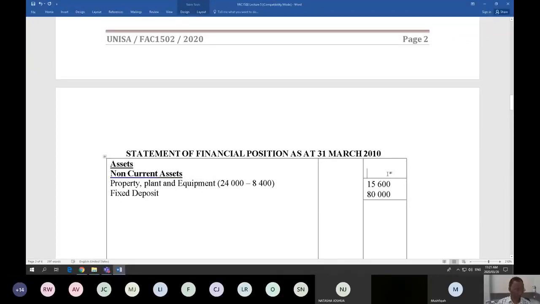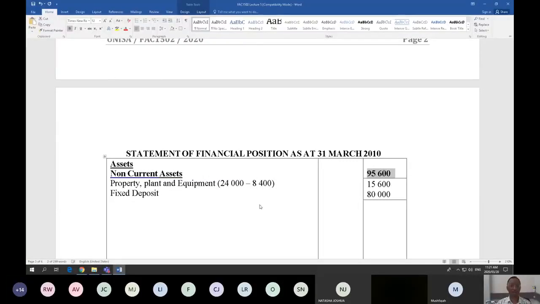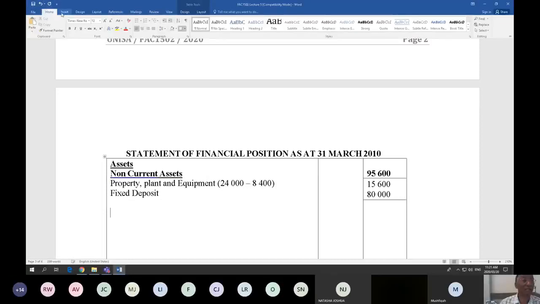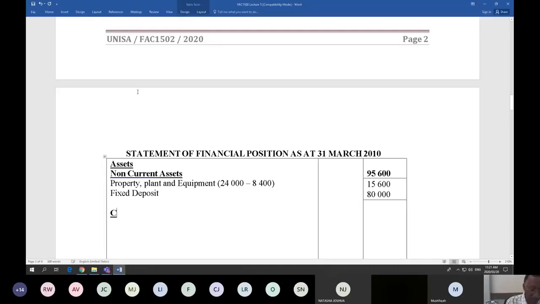And the value of your non-current assets is therefore 95,600. Non-current assets, that is the value of your property, plant and equipment, as well as your fixed deposits. Still continuing, guys, our next heading is the heading for our current assets.